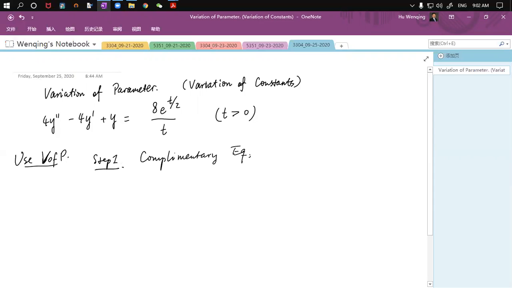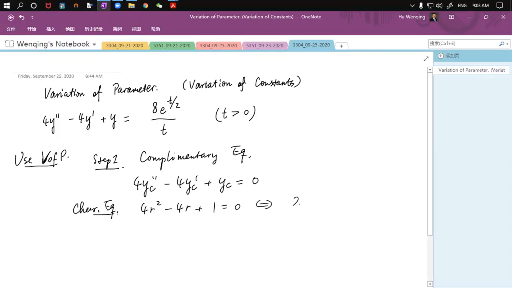As we talked about last time, 4yc double prime minus 4yc prime plus yc is equal to 0, and therefore the characteristic equation is 4r squared minus 4r plus 1 is equal to 0. That's the same thing as (2r minus 1) squared is equal to 0. So r1 is equal to r2 is equal to 1/2.